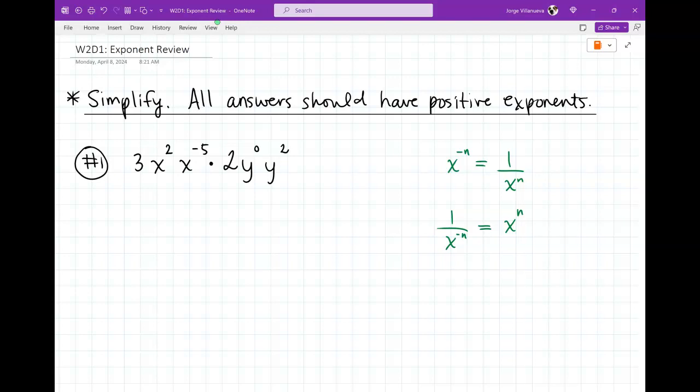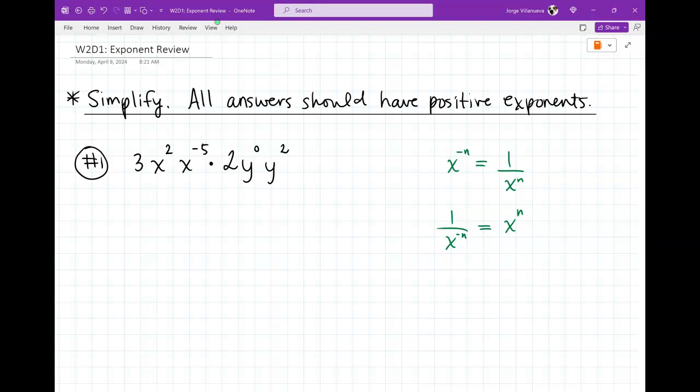If you have an x to the negative n, you can make it a positive n, just flip it, okay, put it in the denominator. So 1 over x to the n. If your negative power happens to be in the denominator, you can bring it up, and it'll just lose the denominator, become a numerator value. So 1 over x to the negative n will just become x to the n, okay?